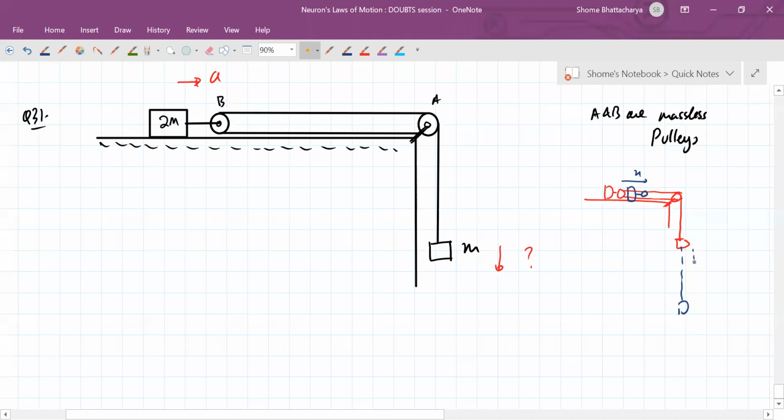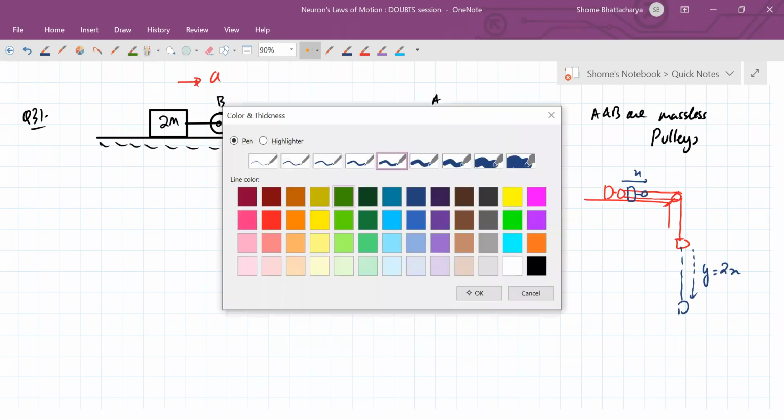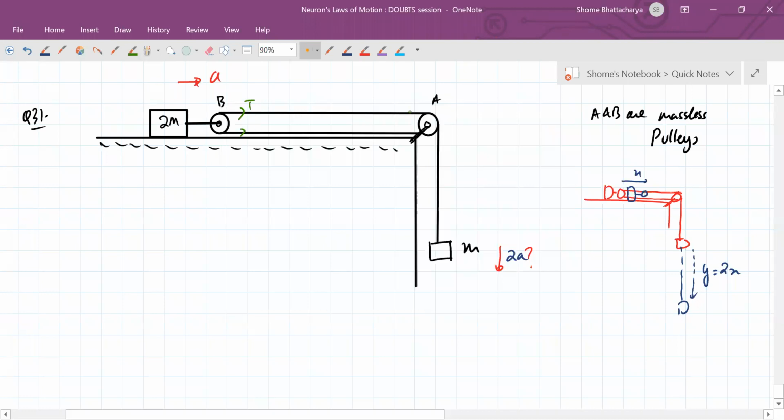So here how much displacement will this have to have? You have to have 2x. That's right. So this acceleration will become 2a. Okay. Or another way to understand this is that there's tension acting like this.